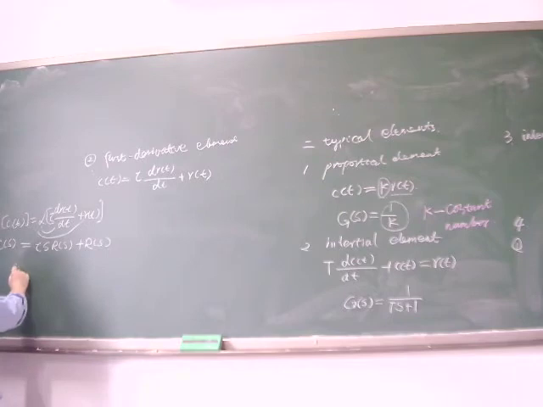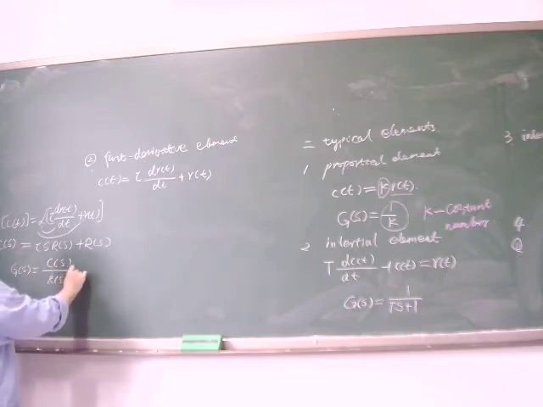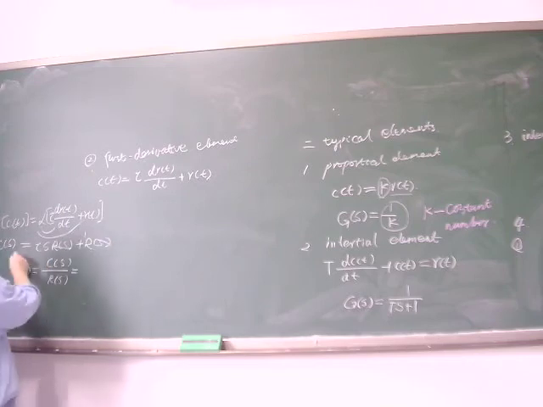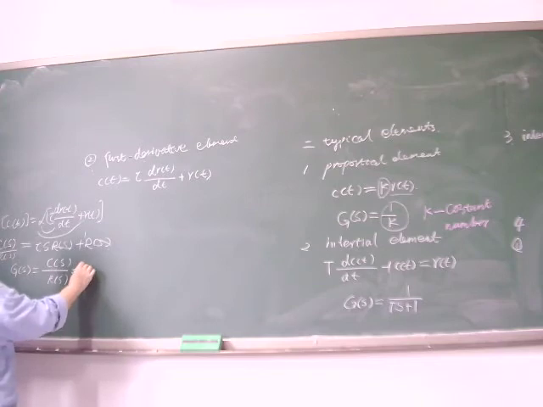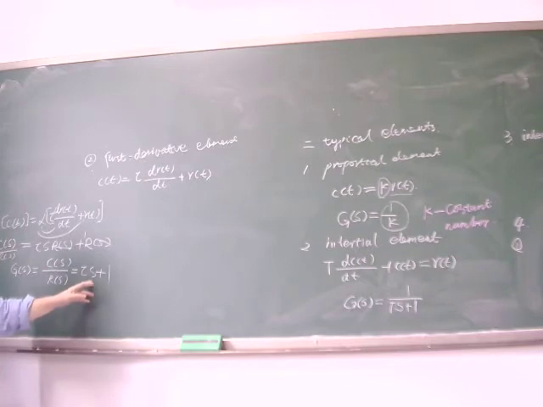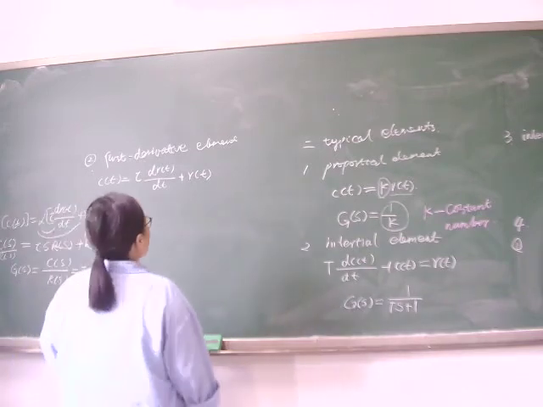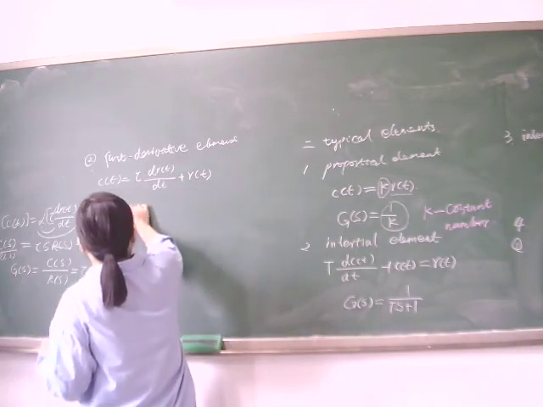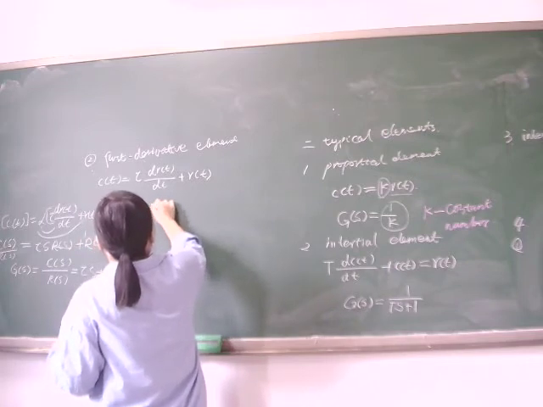So the transfer function G(s) is C(s) by R(s), equal to tau s plus 1. So the transfer function of the first derivative element is tau s plus 1.